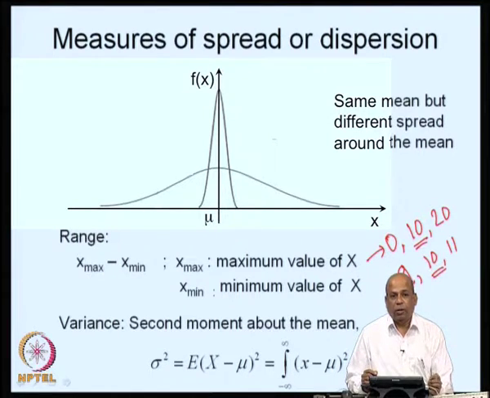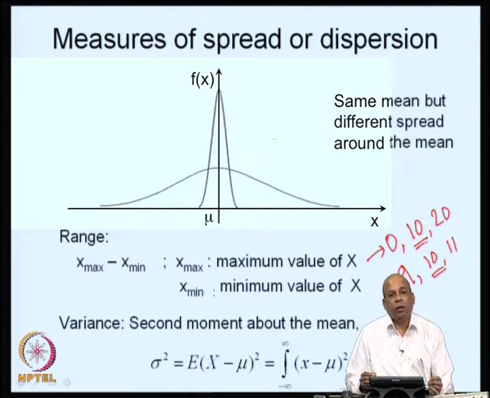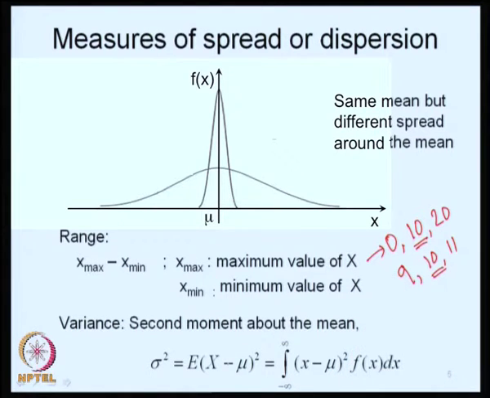But the more important measure of spread is the variance, which is based on the second moment about the mean. So, sigma square, which is the variance, is defined as the expected value of x minus mu the whole square, and recall that the expected value of a function is given by the integral of that function multiplied by f of x dx.